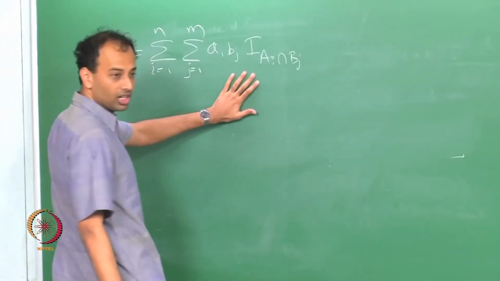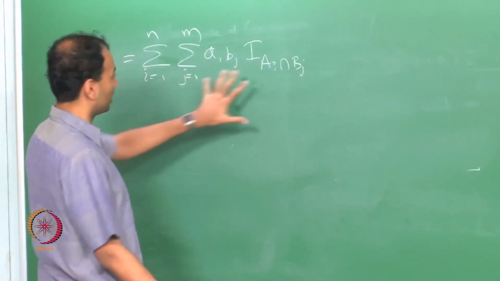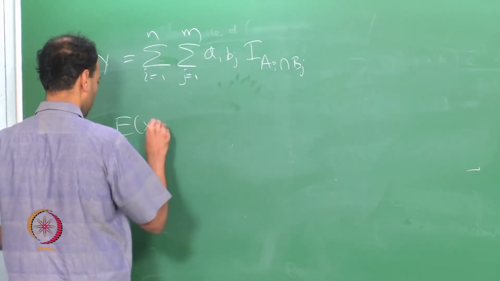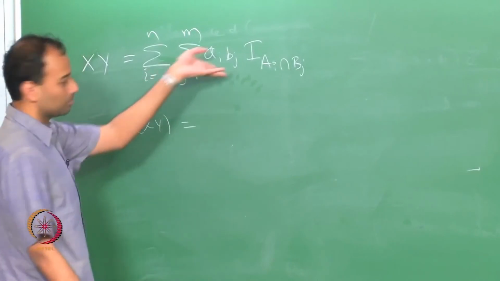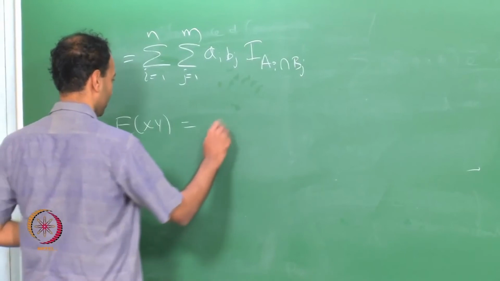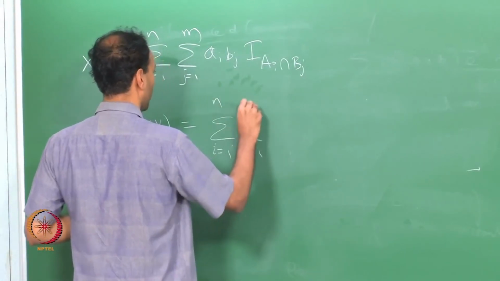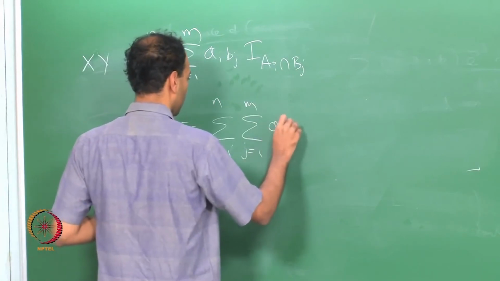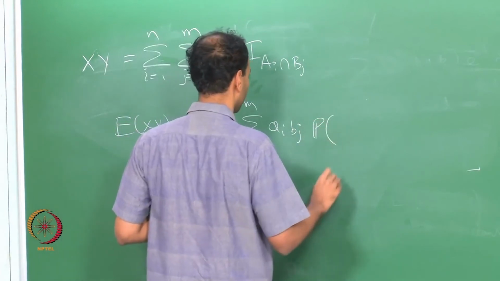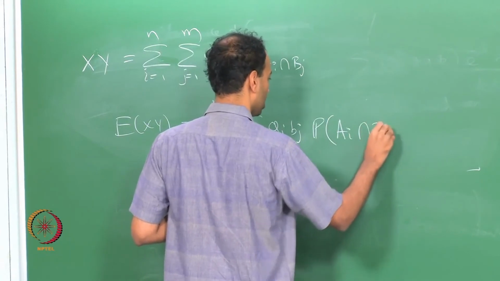So this is your xy random variable itself. So the expectation of xy would be, since this is a simple function, the sum over i equals 1 through n, j equals 1 through m, a_i b_j times the probability of A_i intersection B_j.